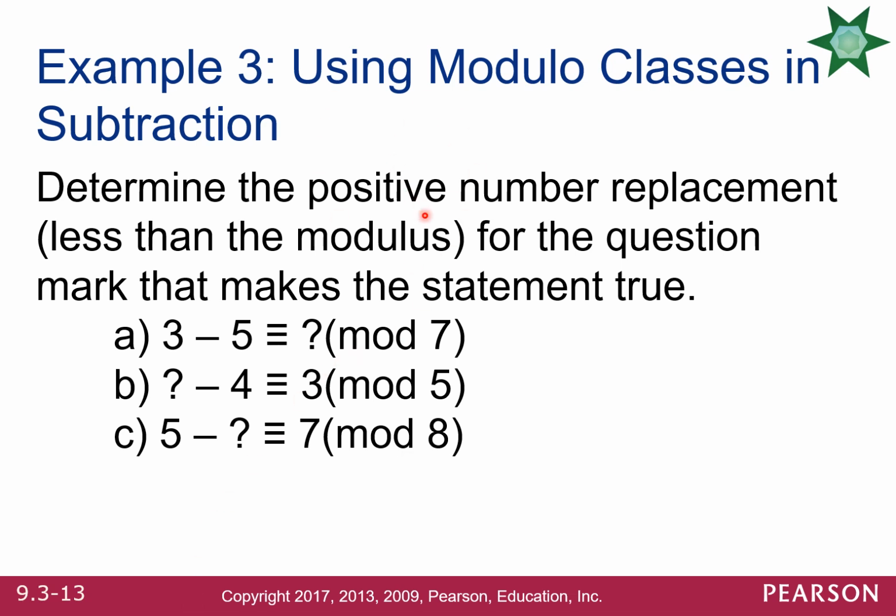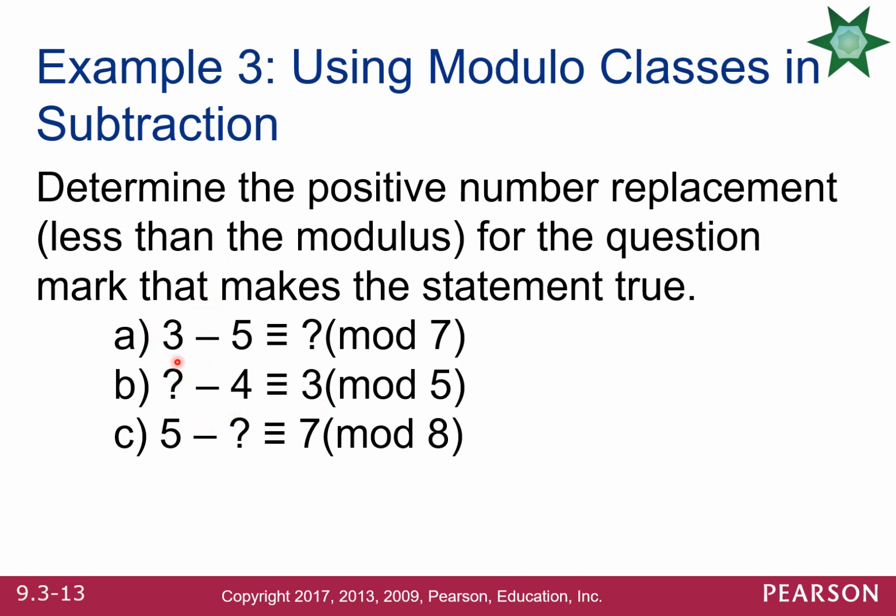Now we look at a different set of example problems where we use modulo classes in subtraction. It says here, determine the positive number replacement less than the modulus for the question mark that makes the statement true. In these expressions, we all see a subtraction involved.